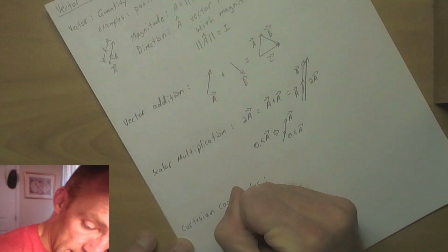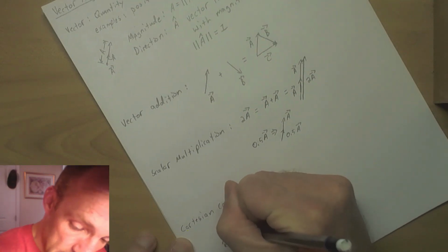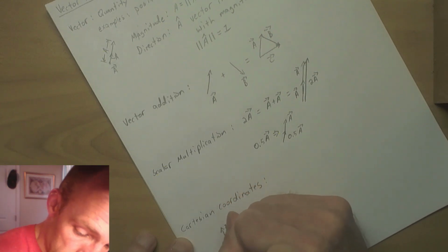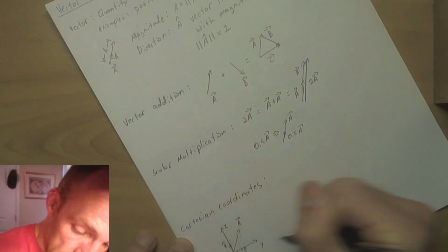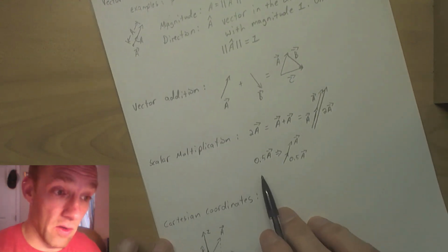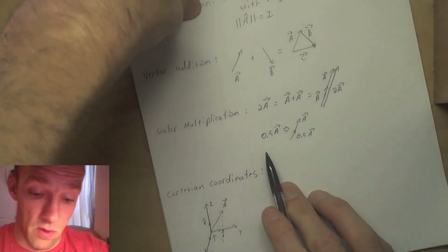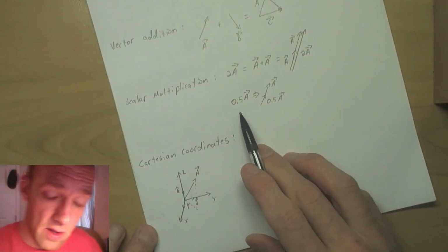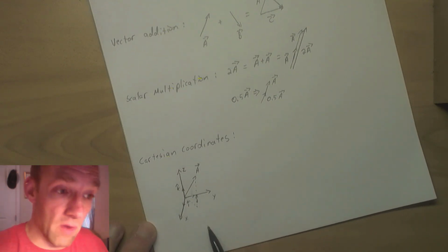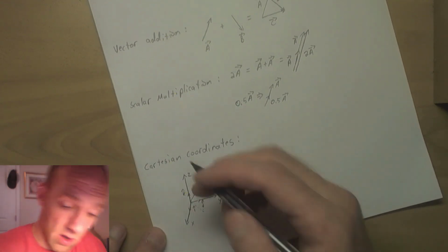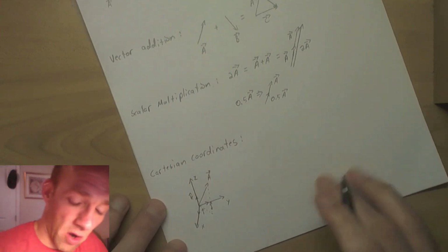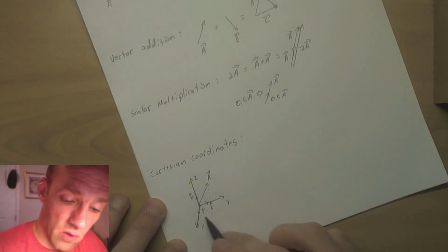If I have a vector A, then I can define it in terms of a weighted sum of those three basis vectors.